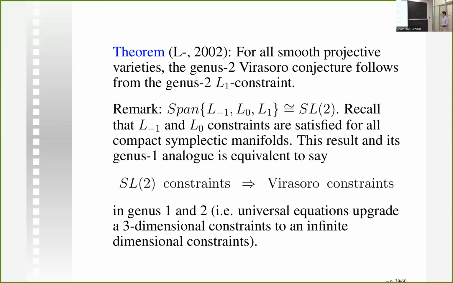I found these results a little bit surprising, because if you look at the universal equations, it has nothing to do with the geometry of manifolds. It's the geometry of the Deligne-Mumford space. So this result tells us that the geometry of the Deligne-Mumford space upgrades a three-dimensional constraint to an infinite-dimensional constraint. That's how I interpret these results.